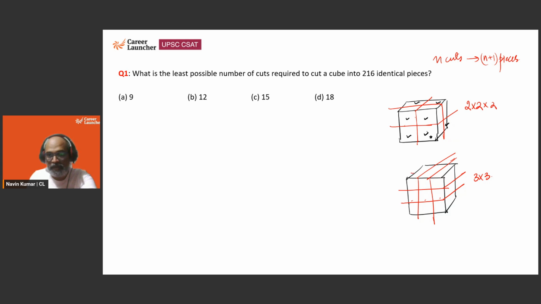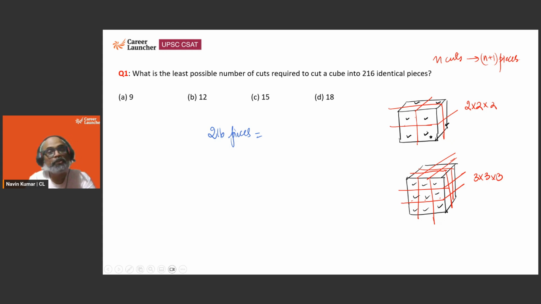Similarly, if we make two cuts from the side, we will have 9 pieces in the front, 9 behind it, and 9 further behind it. So we'll have 27.